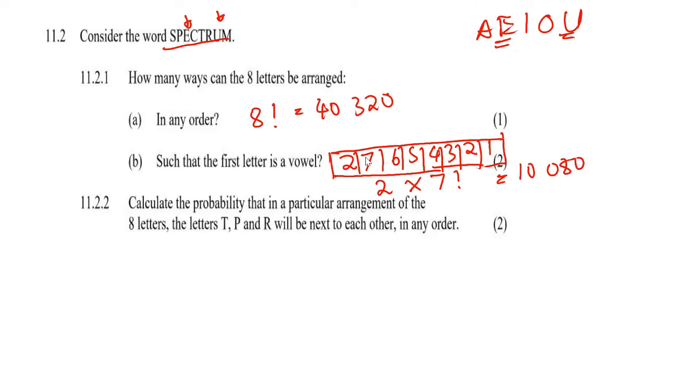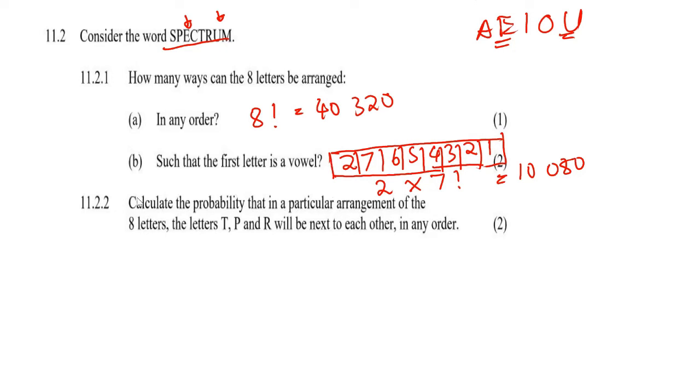So note that the 2 here doesn't necessarily mean that we are filling this in 2 factorial ways. This means that we can either put an E or a U there. So there are 2 letters that can go in there, right? I hope it makes sense. There are 2 letters that can go in there, either an E or a U.